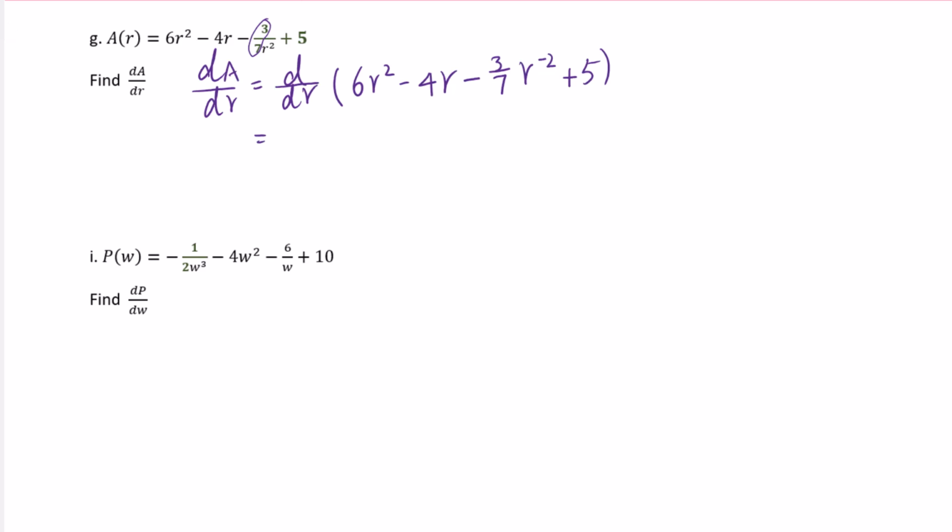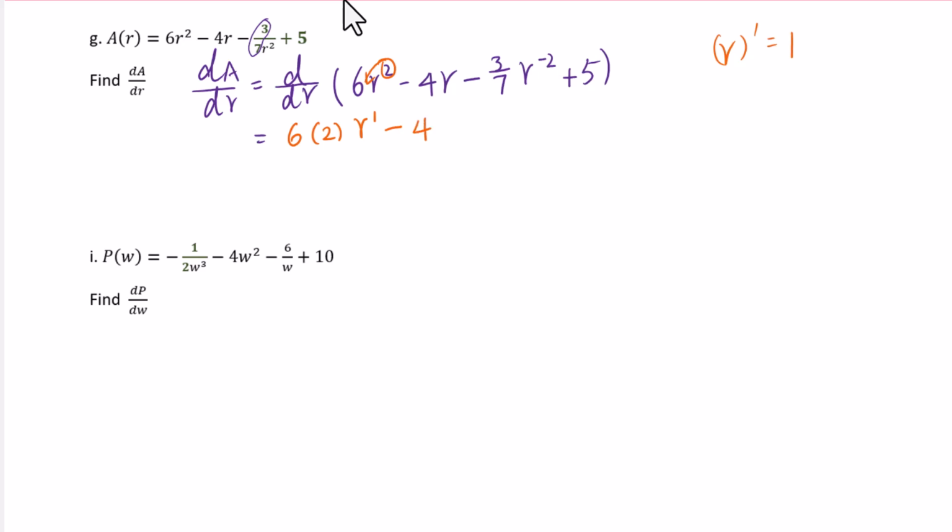Work this out using the power rule. 2 drop down. We got 6 times 2 r to the first power, minus, we know r prime equals 1.